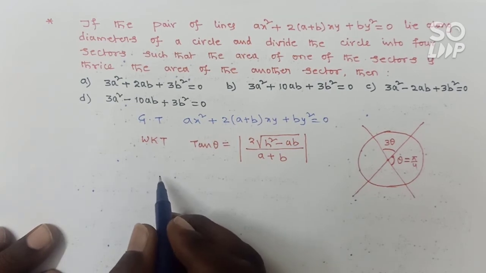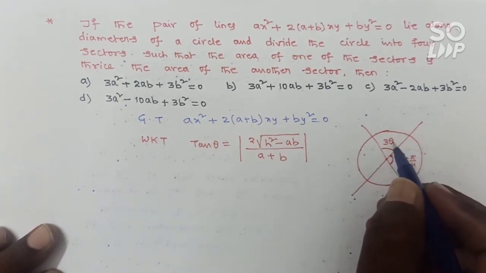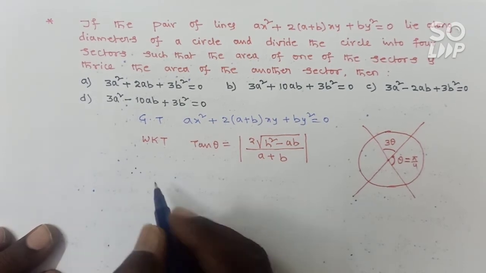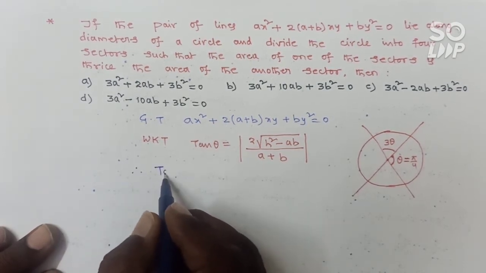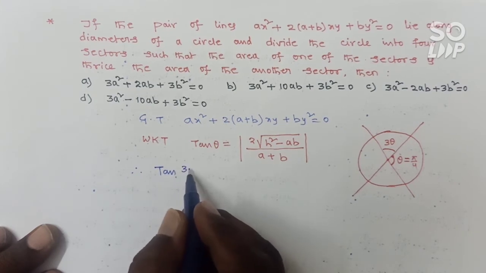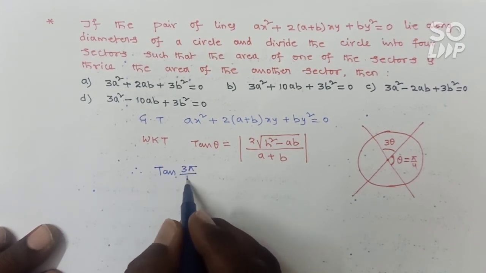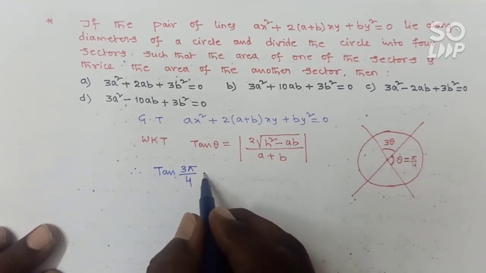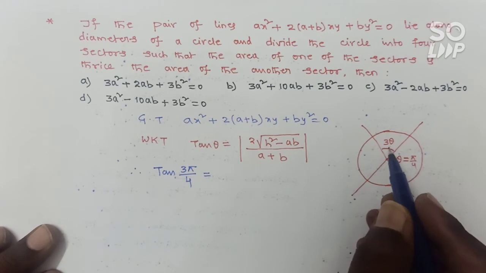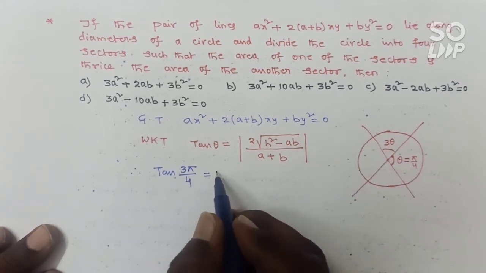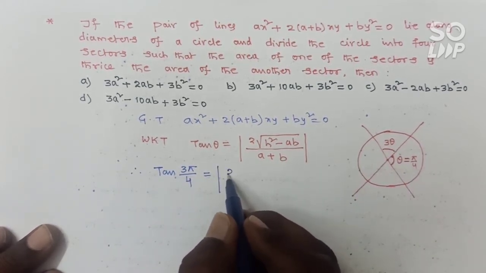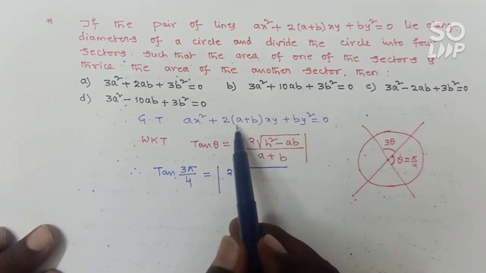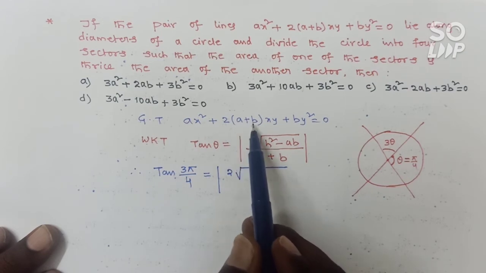So you take theta equal to, therefore, tan of 3 pi by 4, because the area of the sector is thrice the area of this one. That means you have to take the angle 3 theta, modulus of 2 into root of, what is the h value? 2h is 2 into (a plus b).